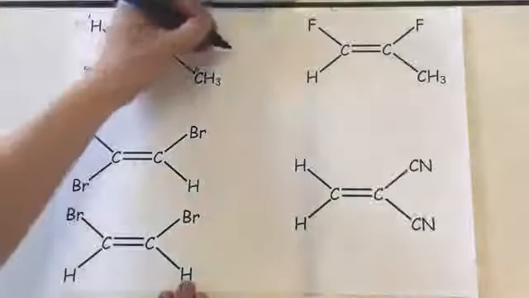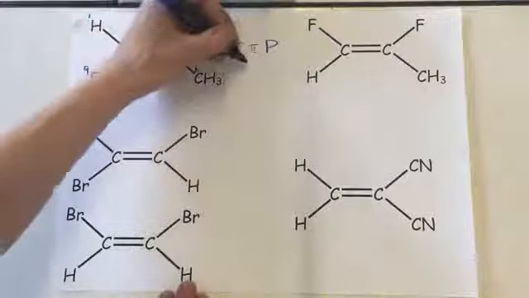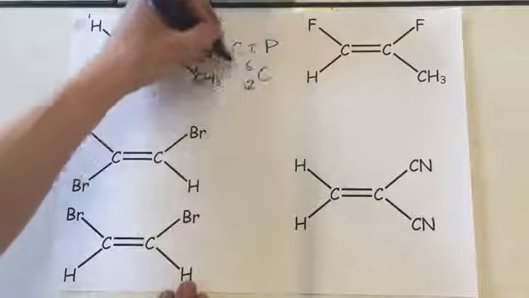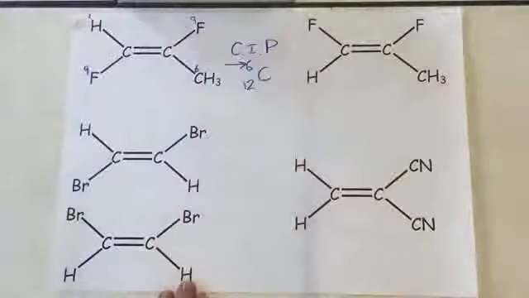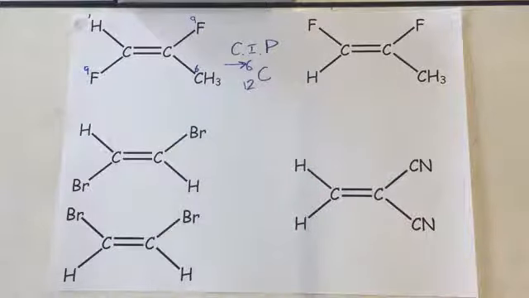Now, I can't stress enough that the CIP rules, the Cahn-Ingold-Prelog rules, assign priority based on the atomic number. So for carbon, we look at the 6, not the 12. It's very easy to call it the Ar, and we know that Ar would actually be the 12. So remember, this is brand new to the specification, and we don't want to be making a silly mistake like that, because it would cost us a mark in a written explanation of how priority is assigned using these guidelines.